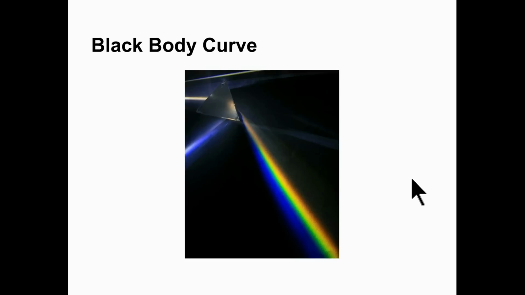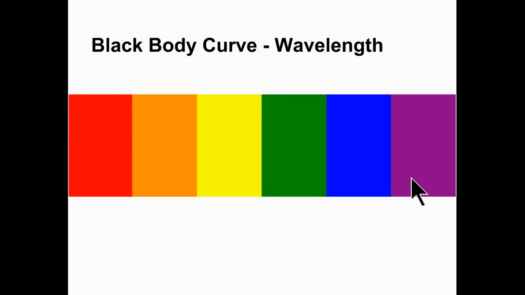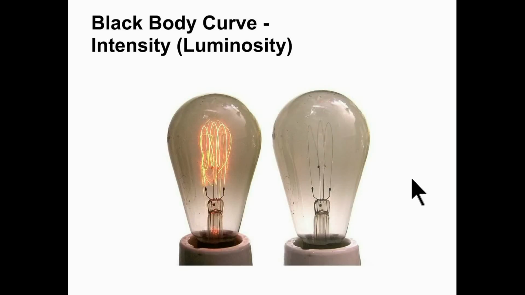Although we can now measure into other bands with lower energy than red light or higher energy than violet, for our purposes we'll ignore these non-visible forms of light in this explanation. A black body curve will measure the wavelength of the visible spectrum, ROY G BIV, with red starting around 400 nanometers to violet ending around 800 nanometers. And the black body curve compares that wavelength with the intensity of the light, or luminosity.